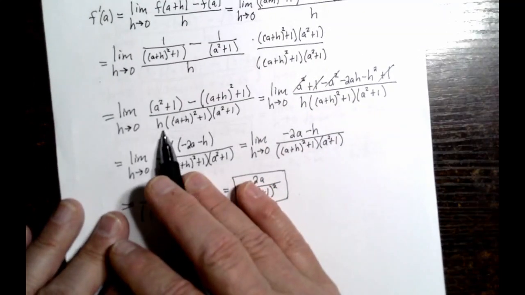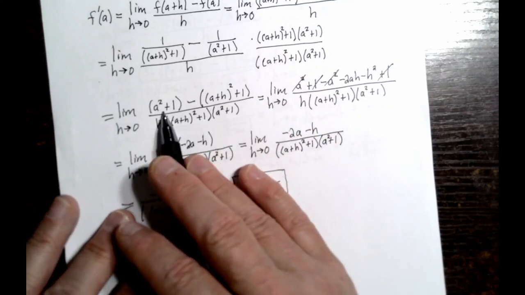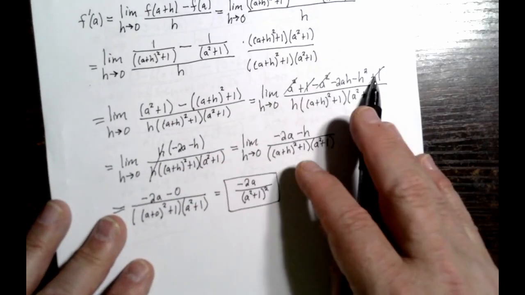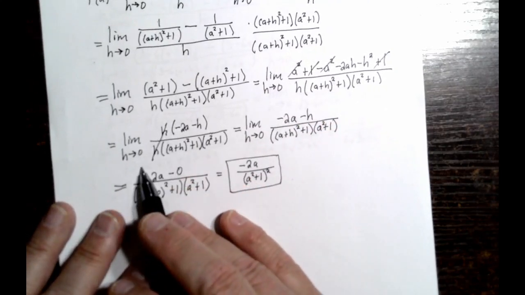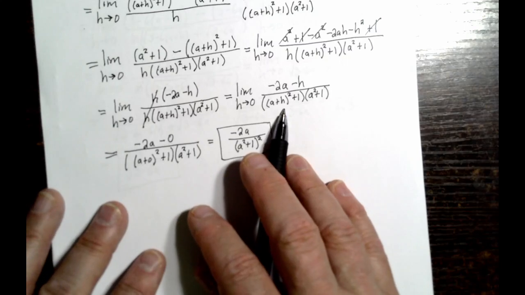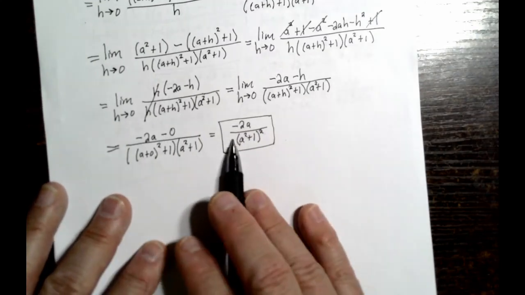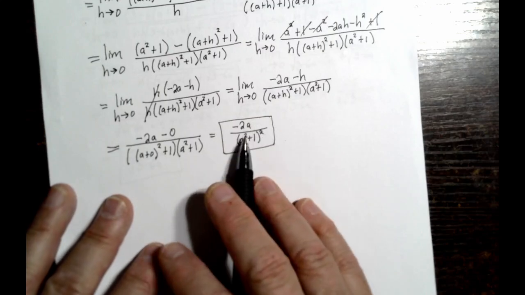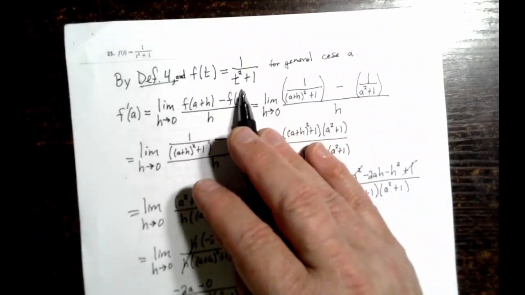And on the bottom you still have your h, and you still have your 2 different denominators there. Now you expand everything out, and a bunch of stuff cancels, and then you can factor out an h, and cancel with your denominator. Now when you plug in 0 for h, you don't get division by 0 anymore, and you do get a very specific answer. And this is the general case for the derivative of 1 over t squared plus 1.